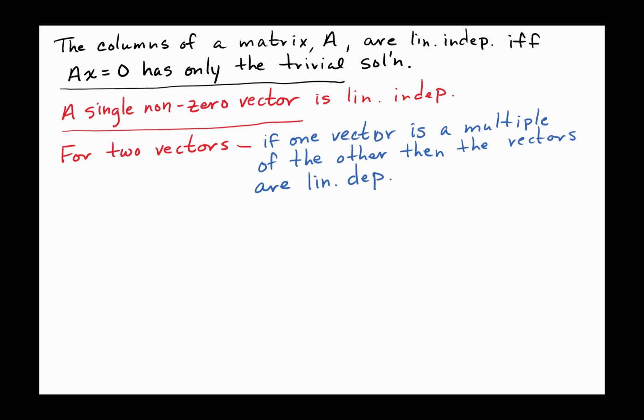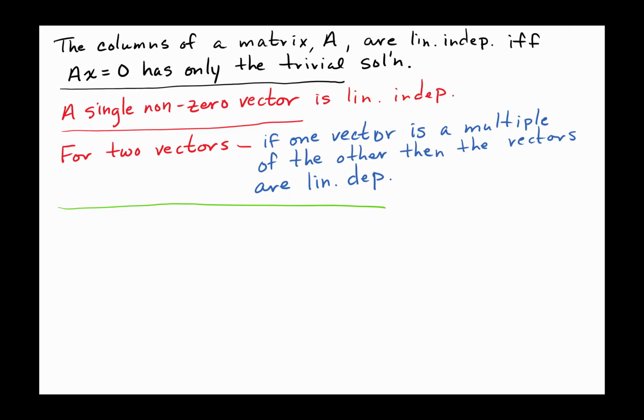There's a non-trivial solution to the equation. You can build one vector as a product of the other. So for two vectors, you just look at them and see, can I get one from the other by multiplying or dividing by a certain constant? That's fairly easy.